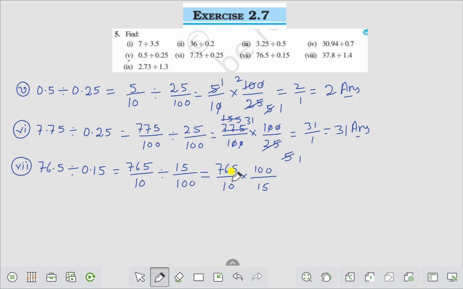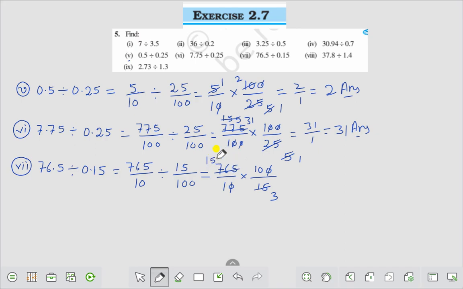This 0 will cut. Now we'll divide 765 by 15, or you can cut it by 5 also. Let us cut it by 5. 5 3 is 15, 5 1 is 5, 5 5 is 25.